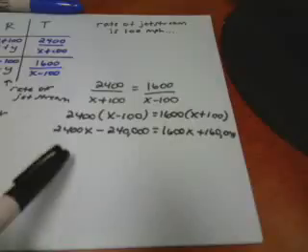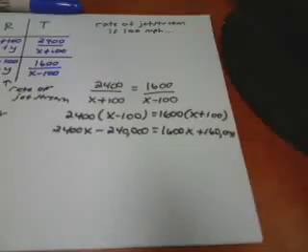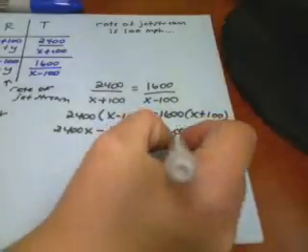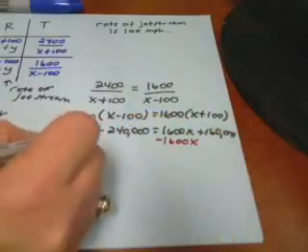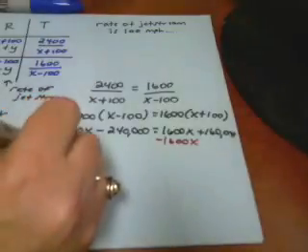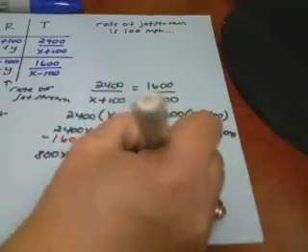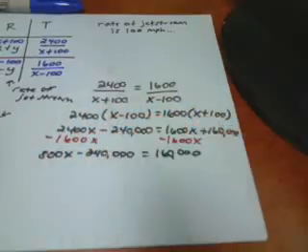My larger variable is 2,400x, so I'm going to move the 1,600x over to get with the larger one. I'm going to subtract 1,600x from both sides. This gives me 800x minus 240,000 equals 160,000.